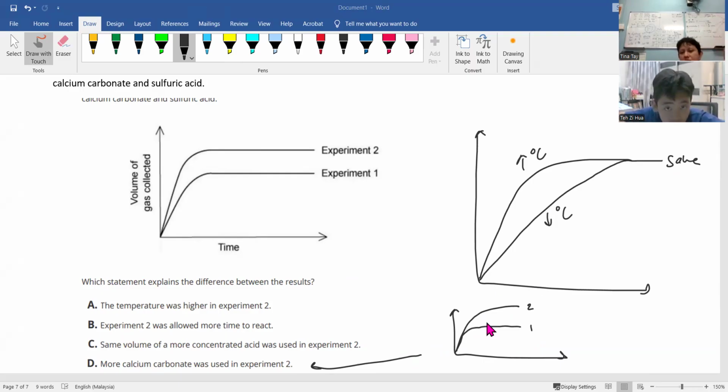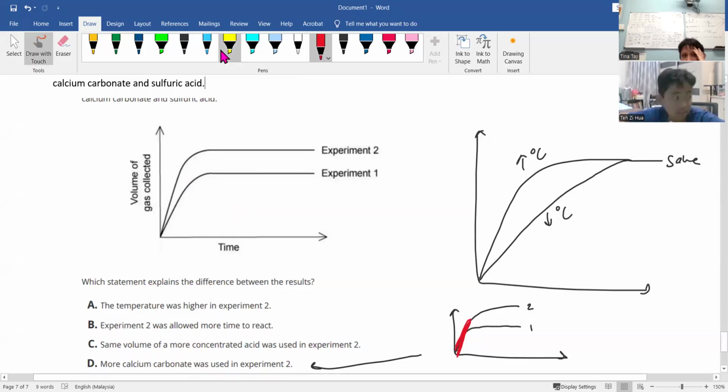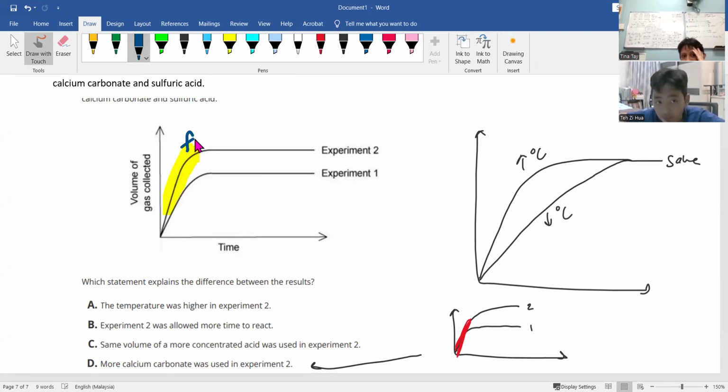Okay, so it's not D because it will become the same. Like this. Look at this one. Experiment 2 is faster or slower? Faster. So it's faster and more. Okay, so think again.